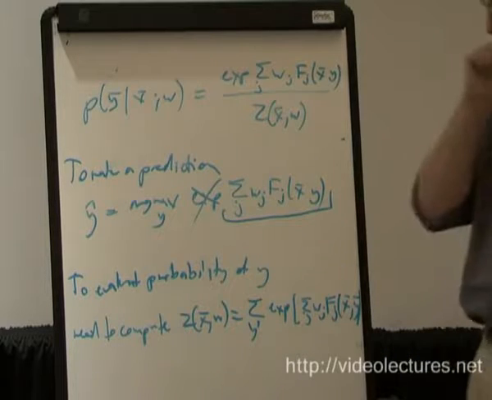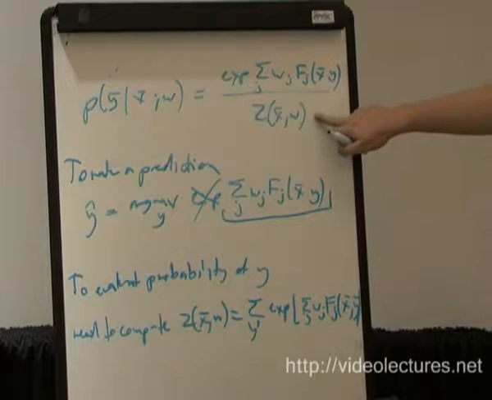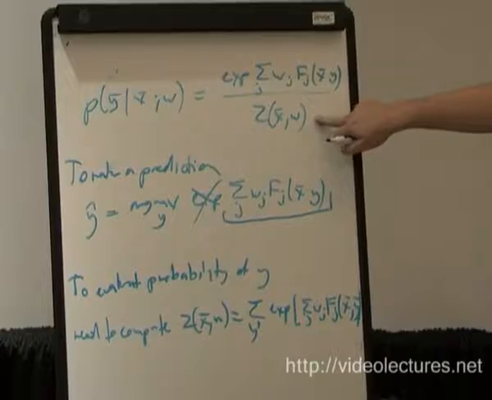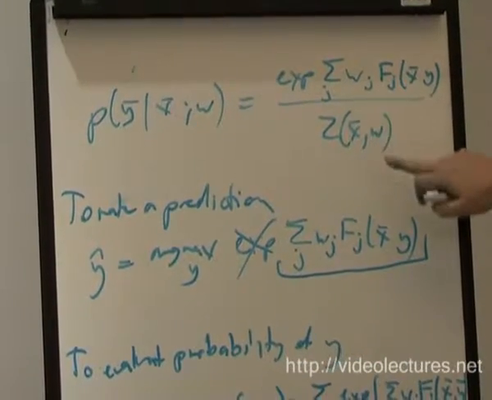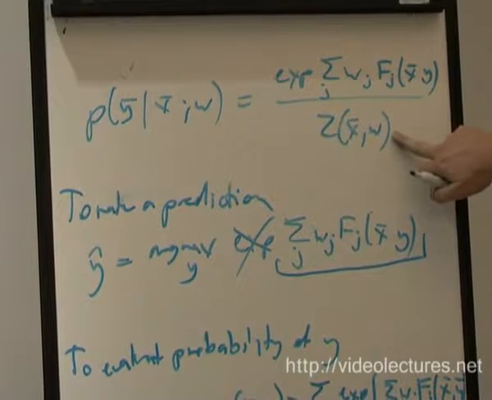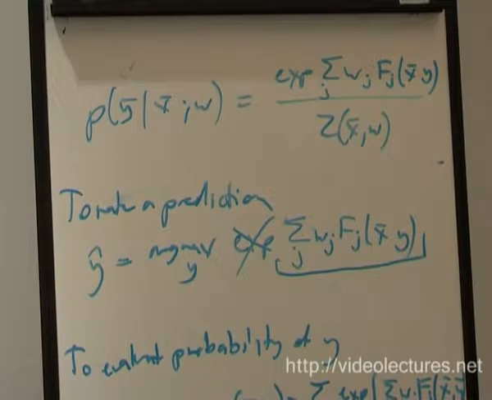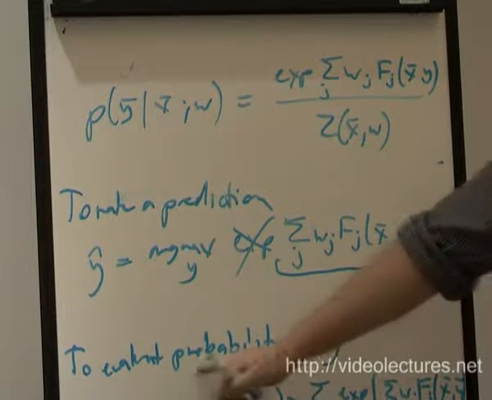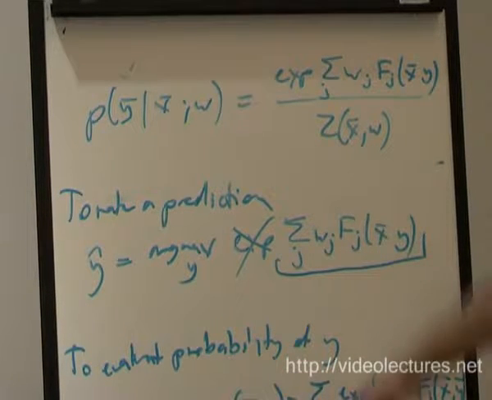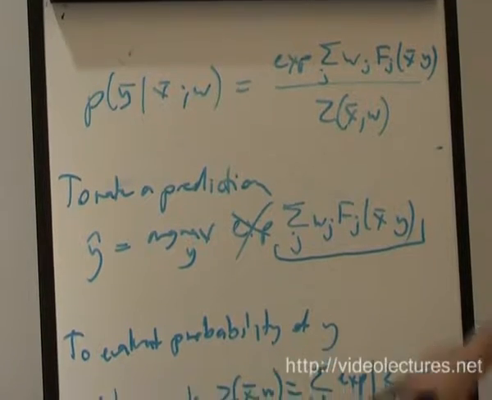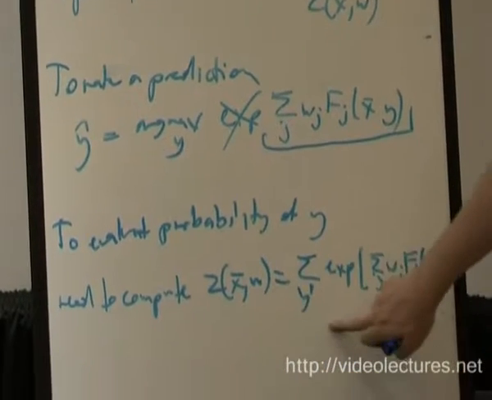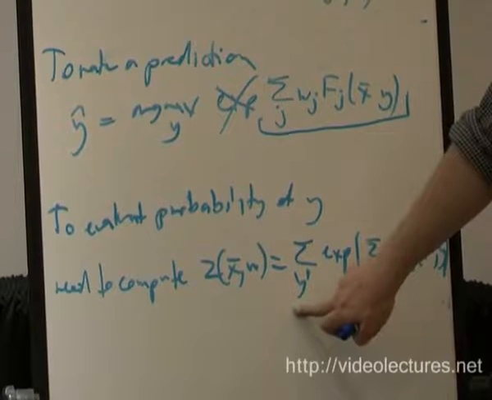So notice that this is the normalization constant that makes these probabilities add up to 1. And if I want to find out what has the highest probability, I don't actually need to evaluate this normalization constant. I can just ignore it. But if I want to find out a true probability, then I do need to evaluate the normalization constant. And the intuitive difficulty in evaluating the normalization constant is the same: it involves enumerating explicitly over all y.